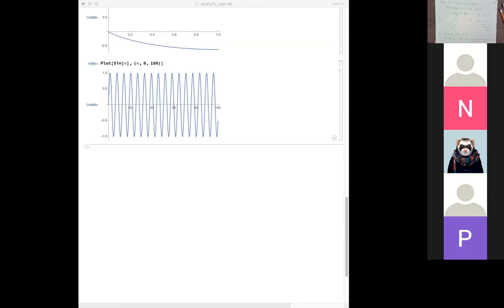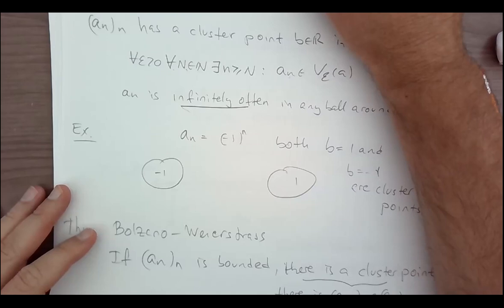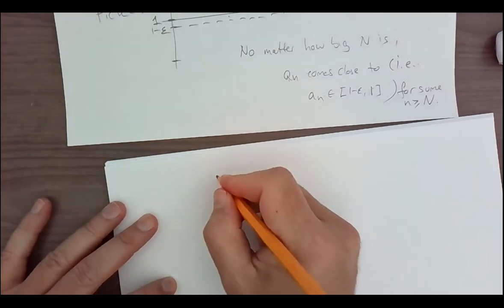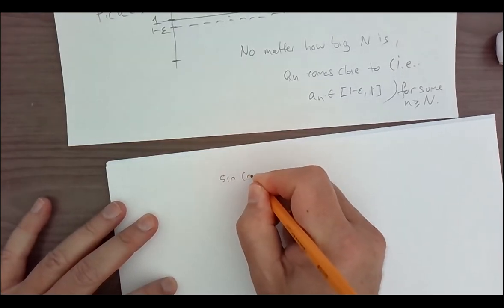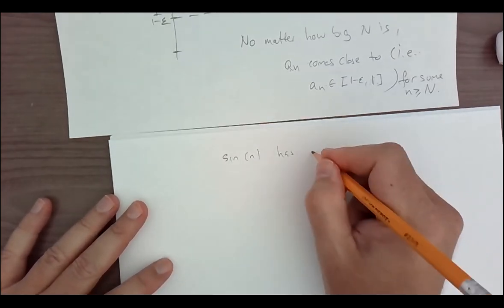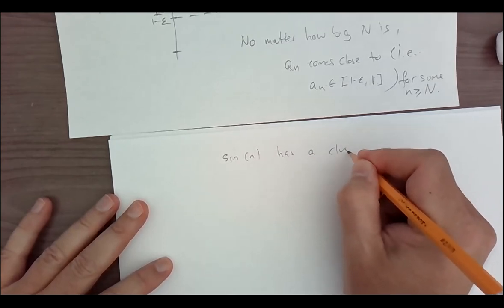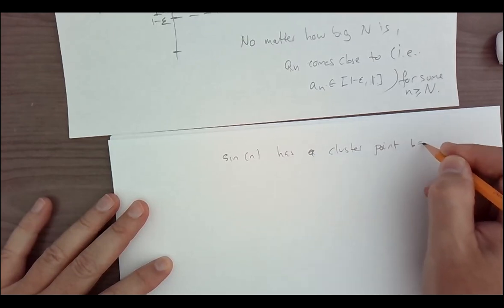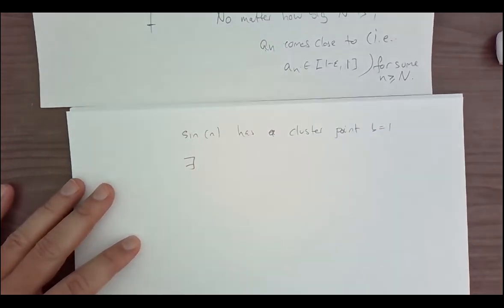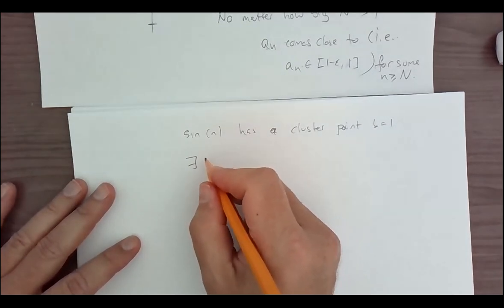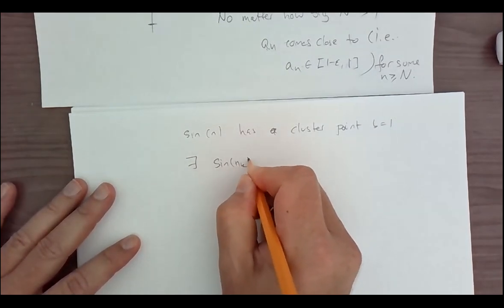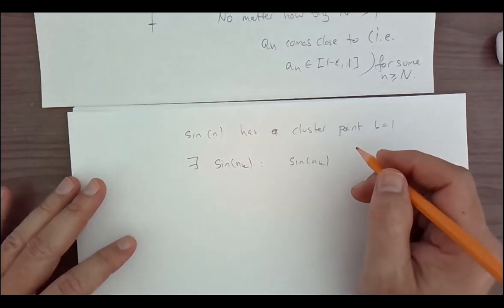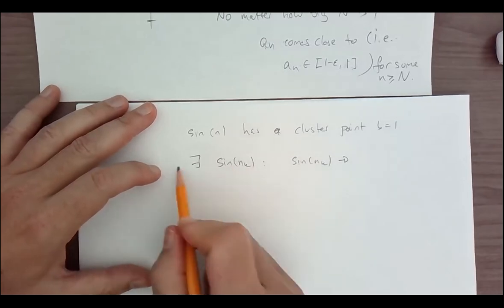Like in this example here with sine, we could do something like that. We have agreed now that sin n has a cluster point b equal to 1, right? So you can find a subsequence sin(n_k) that converges.